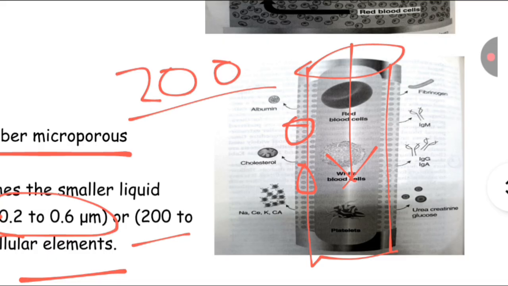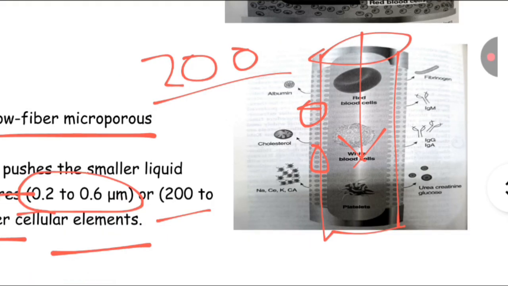So you can compare that a plasma filter pore size is 200 nanometer and a hemodialysis high flux dialyzer pore size is 3 to 6 nanometer.